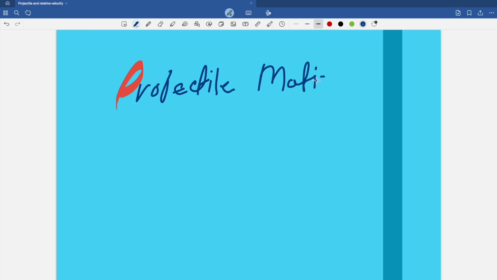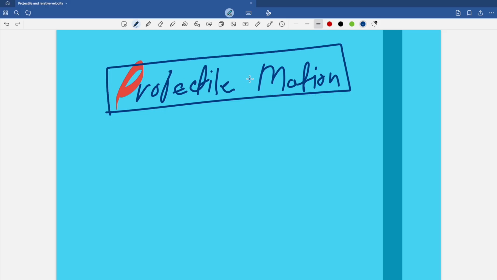So hearing this, what comes to mind first? A motion which only occurs due to the presence of gravity. So the presence of gravity is pivotal right here.